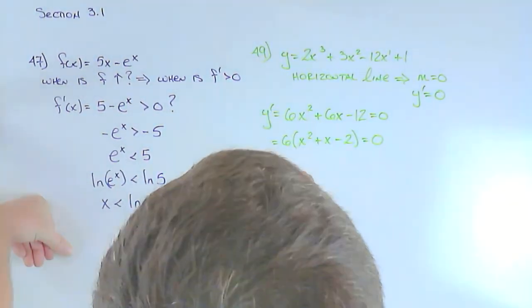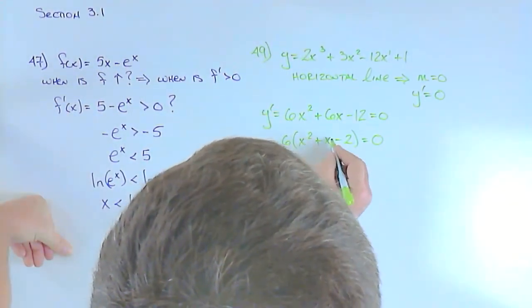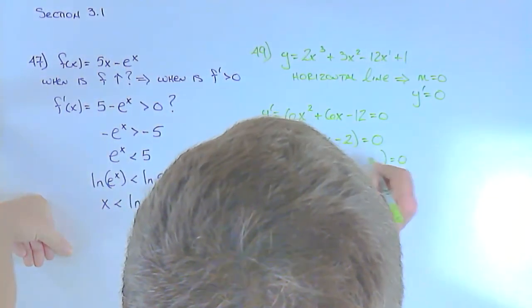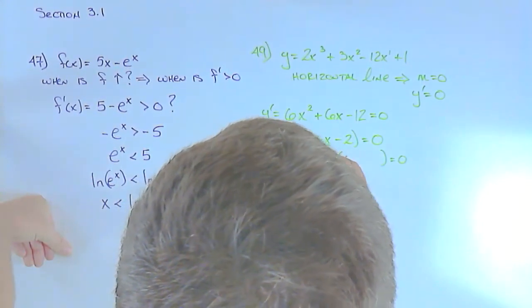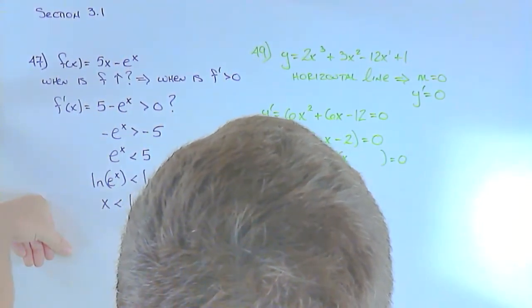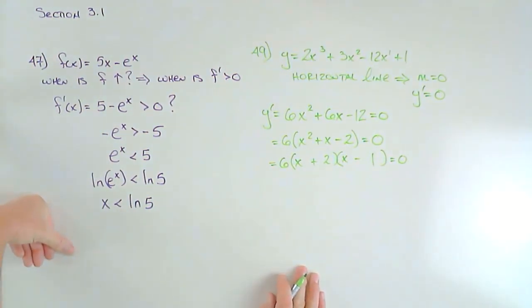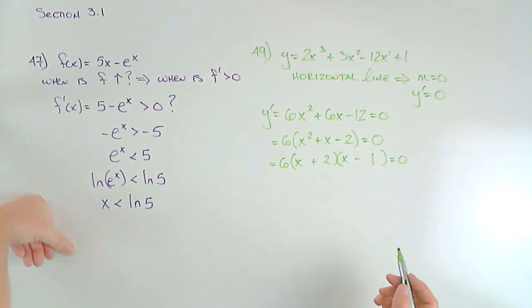And now we factor. This is 6 times, and we factor this. We get x plus 2, times x minus 1. Now, we use what we called back in Algebra 1 and Algebra 2 the zero product property.